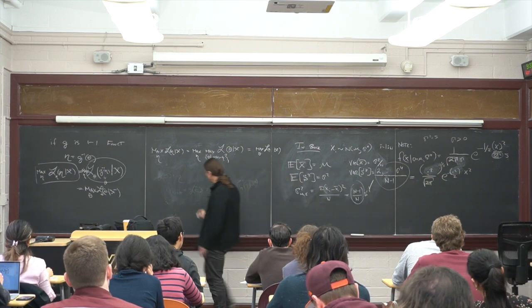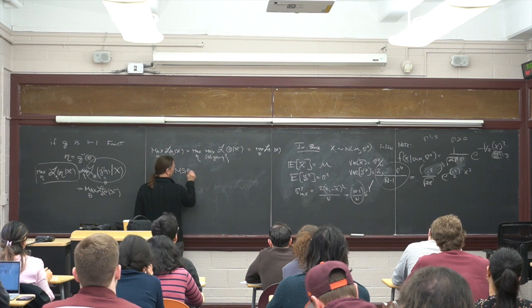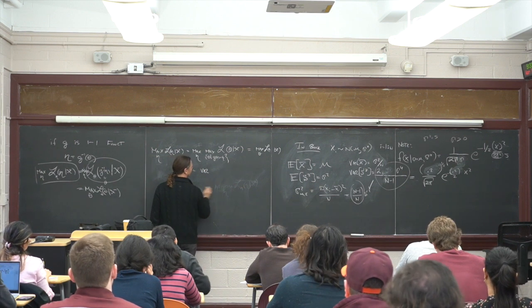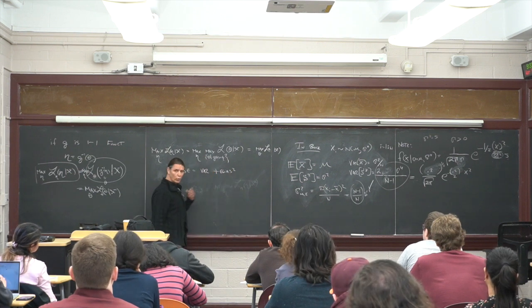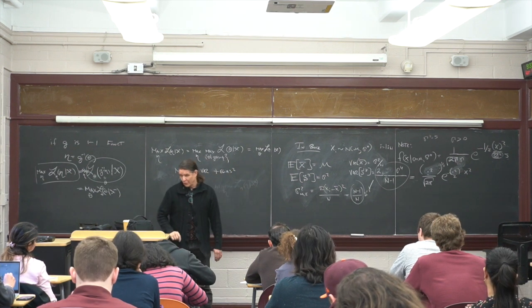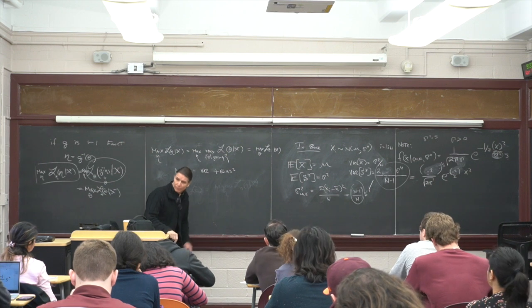I could look at the MSE, which is equal to the variance plus the bias squared. You can work through this example, or go back to your undergrad textbook, because this one is in all of them.